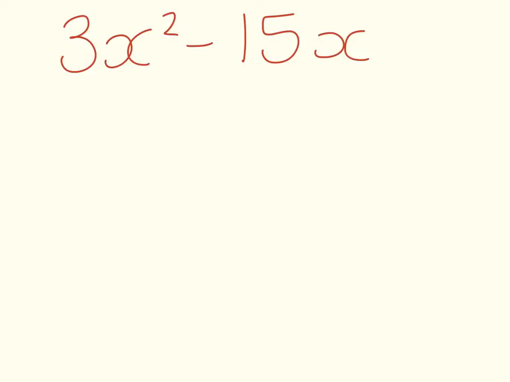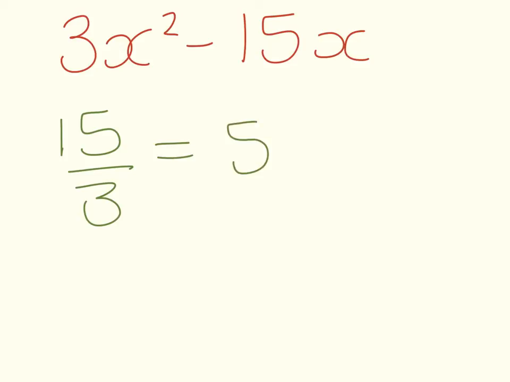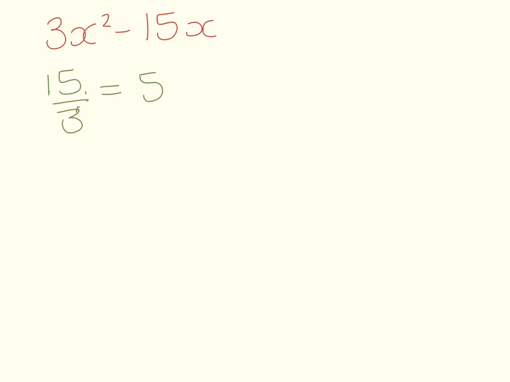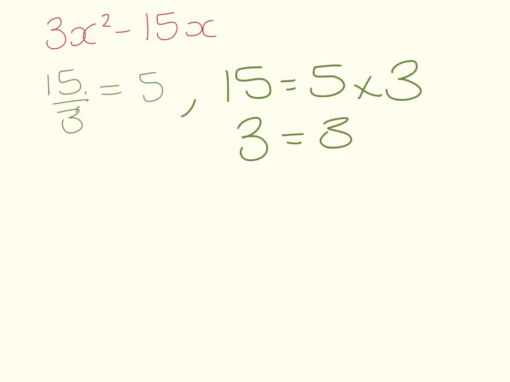And 15 divided by 3 works. So we get an answer of 5. So 15 is equal to 5 multiplied by 3. 3 is equal to 3 multiplied by 1. So the highest common factor of our numbers is 3.